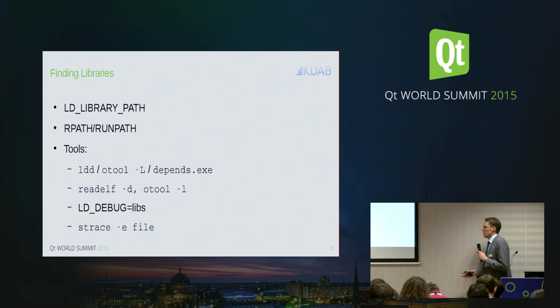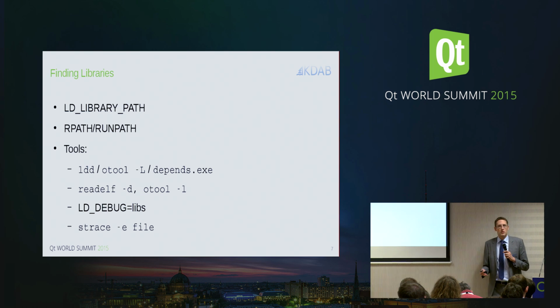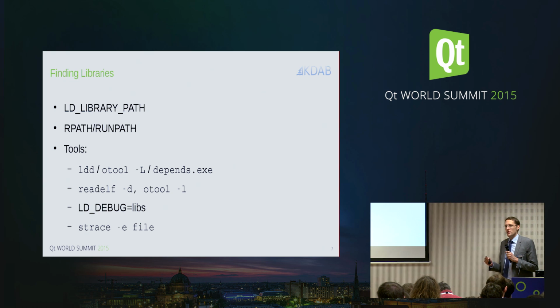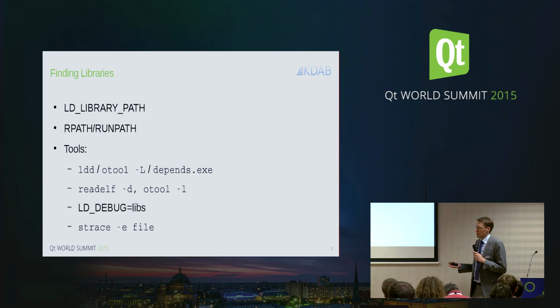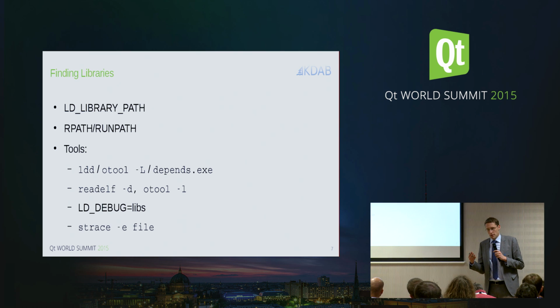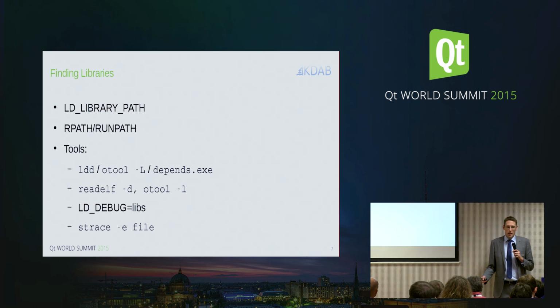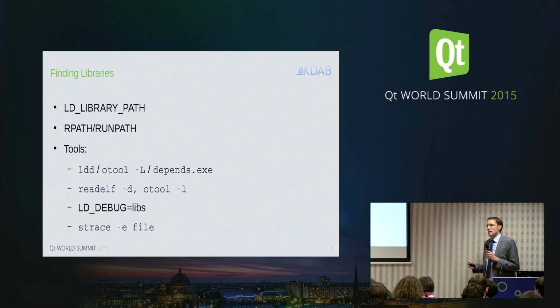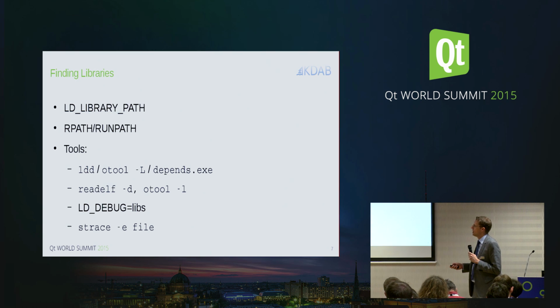This basically emulates the same search algorithm that the linker would perform, and it gives us a list of all libraries that would be loaded in the end, without executing the program, and the absolute path to them. So this basically tells us what will happen at runtime. It doesn't really help us yet with the why.